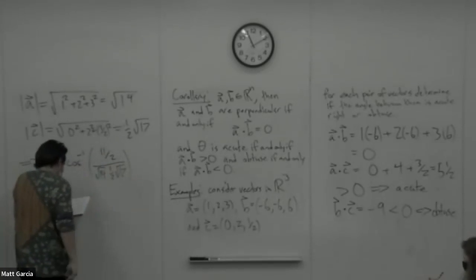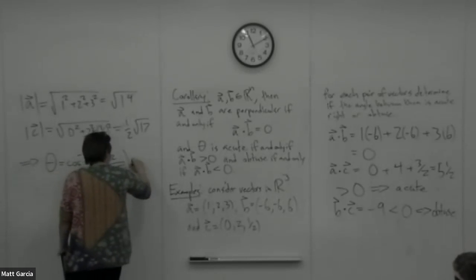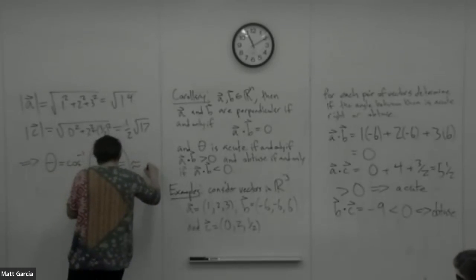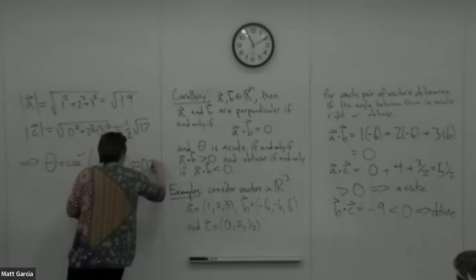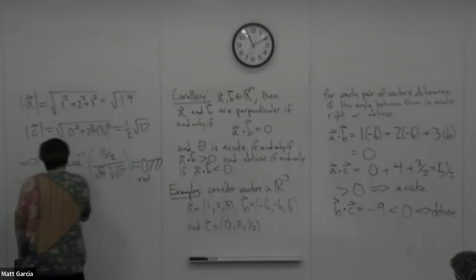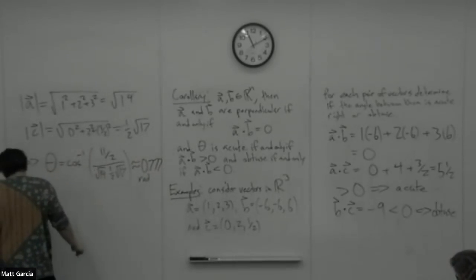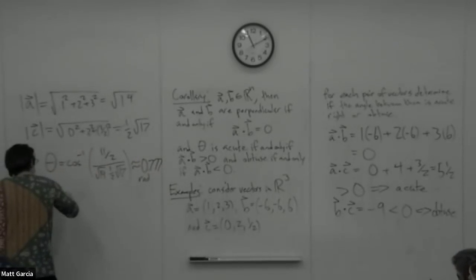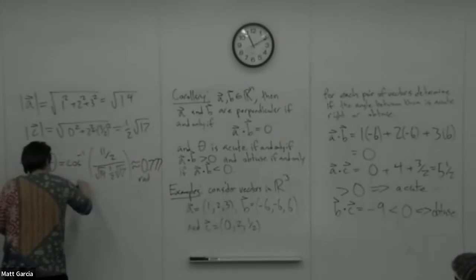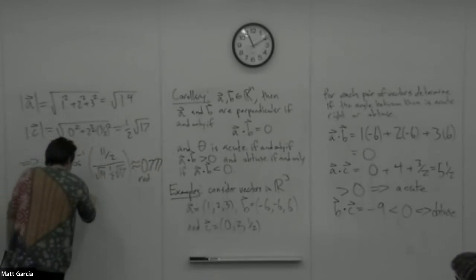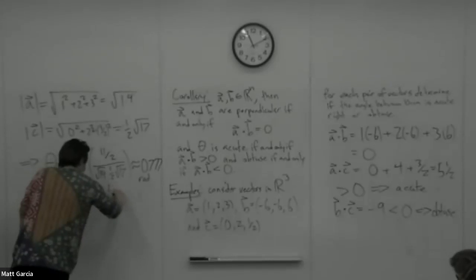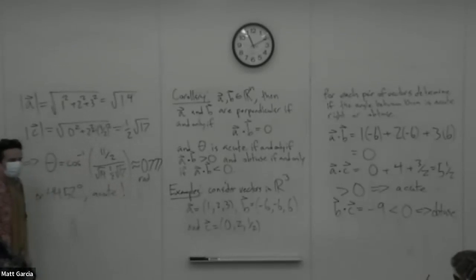And if you plug this into a calculator, this is approximately 0.777 radians, or if you like, 44.52 degrees, which is in fact acute.